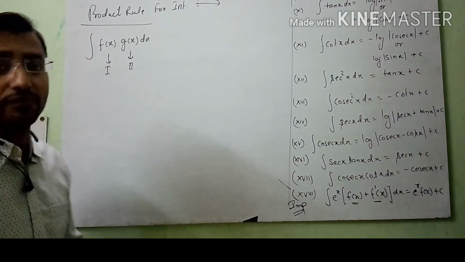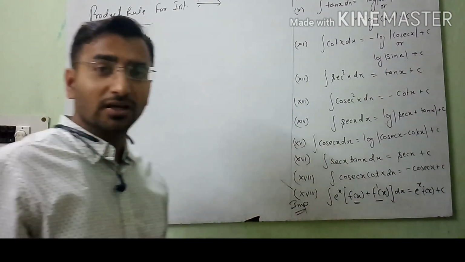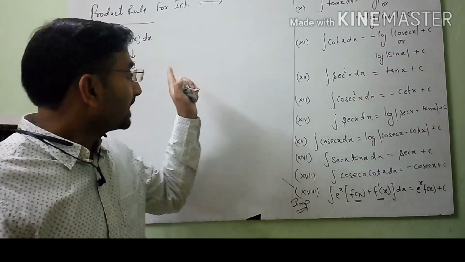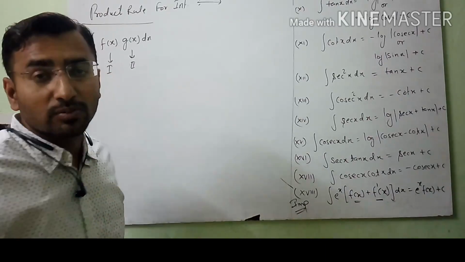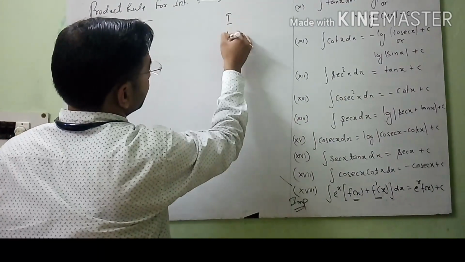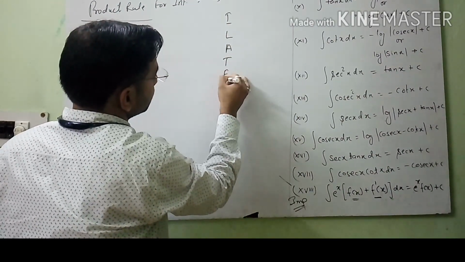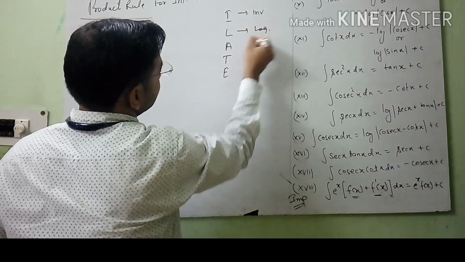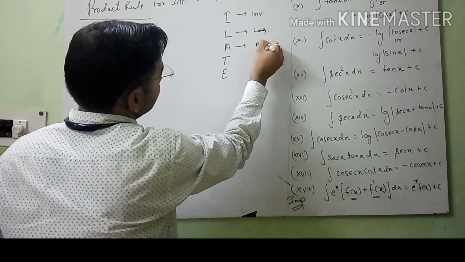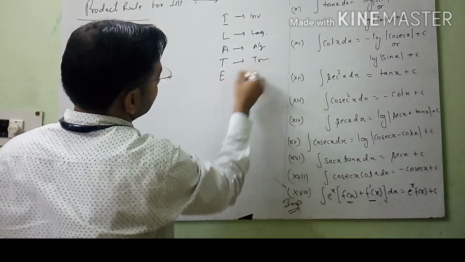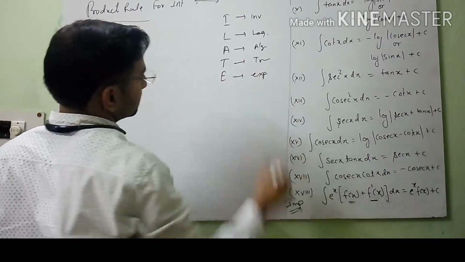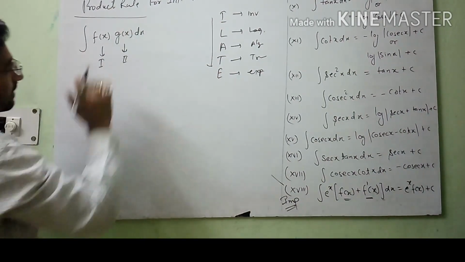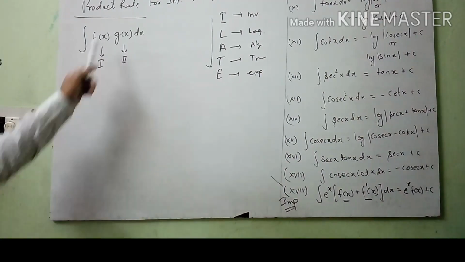The sequence of first and second function is very important. In my last video I told you that I will follow the ILATE formula in case of integration. I means inverse function, L means logarithm function, A is algebra function, T is trigonometric function, and E is exponential function. According to this order we will follow, but here I will write the formula in a general way.